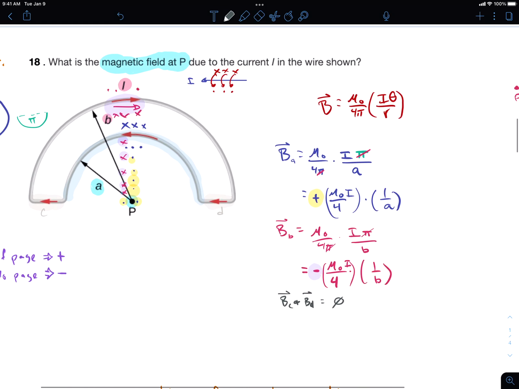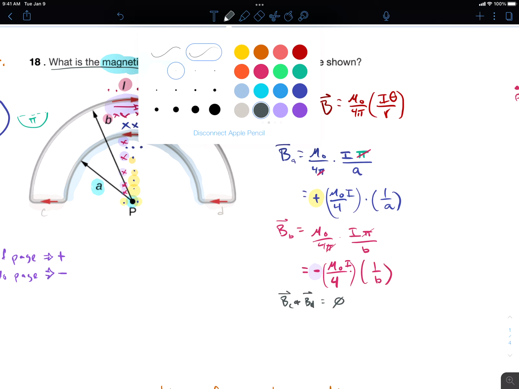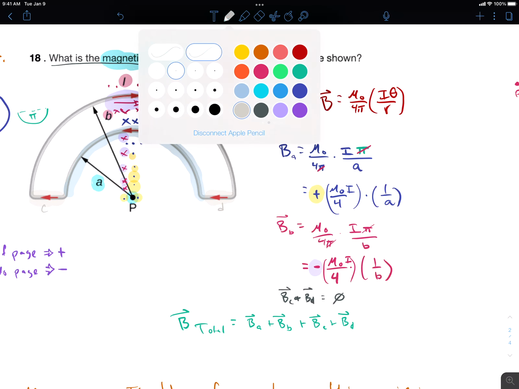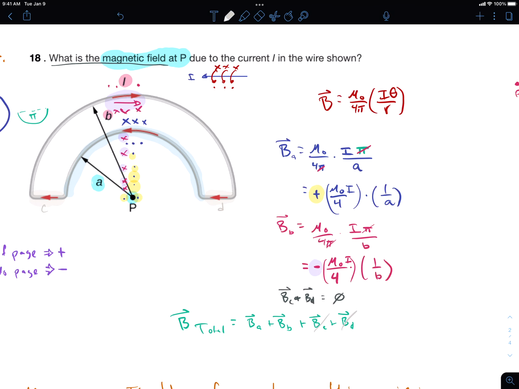So what you do for this problem, looking for the total magnetic field at point P, is take B total, which should be segment A, segment B, and then of course segments C and D. With both of those being 0, you only have segment A and segment B, and you combine these together.